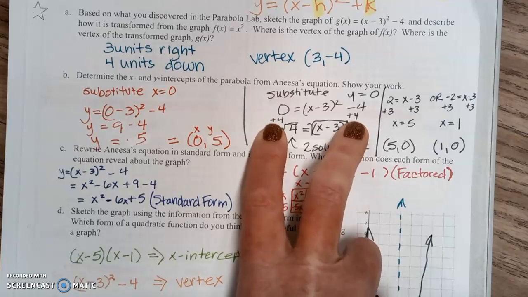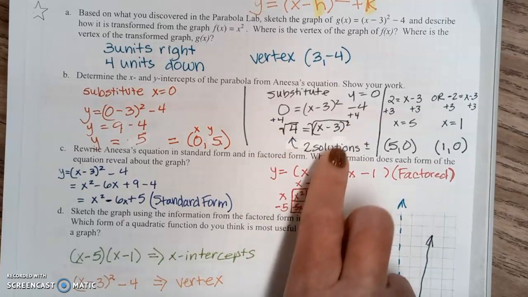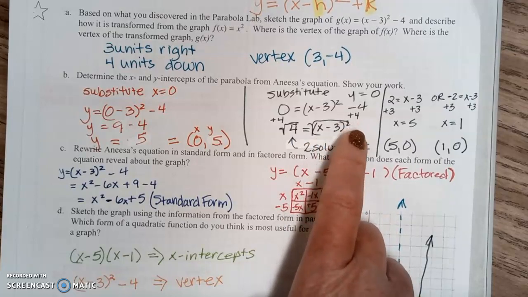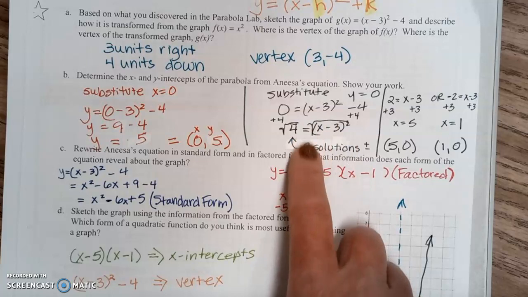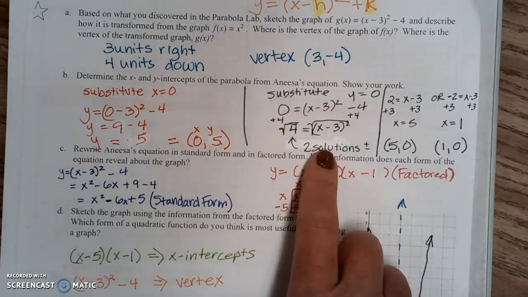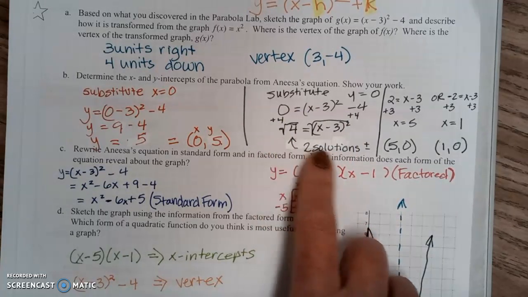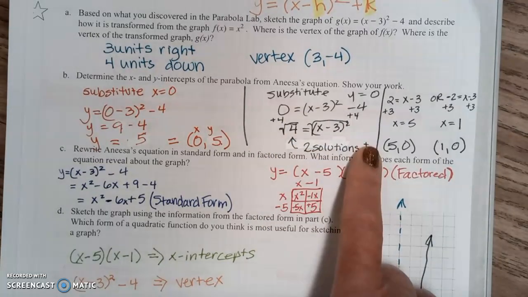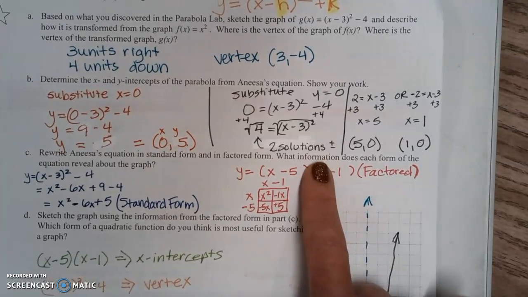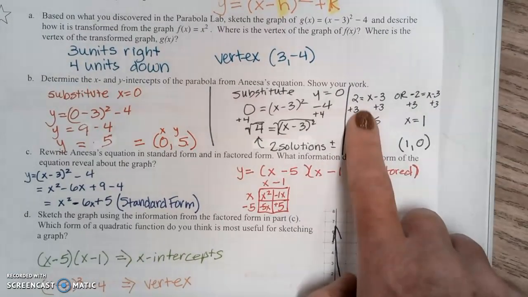We're going to add 4 to both sides. Then we have (x minus 3) squared. So the inverse operation of squaring is square rooting. So we take the square root of both sides, and then we have 2 solutions here, a positive one and a negative one. The square root of 4 is 2, but it's also negative 2.